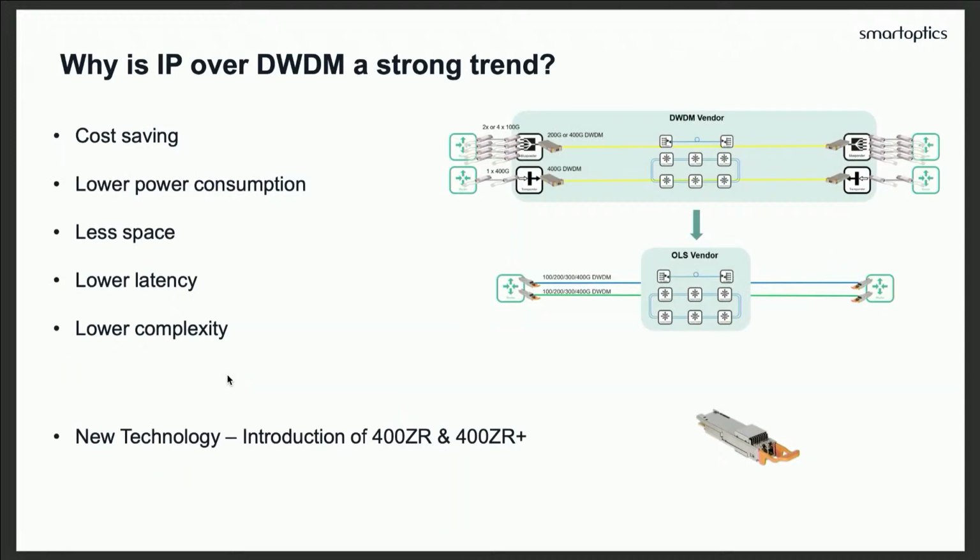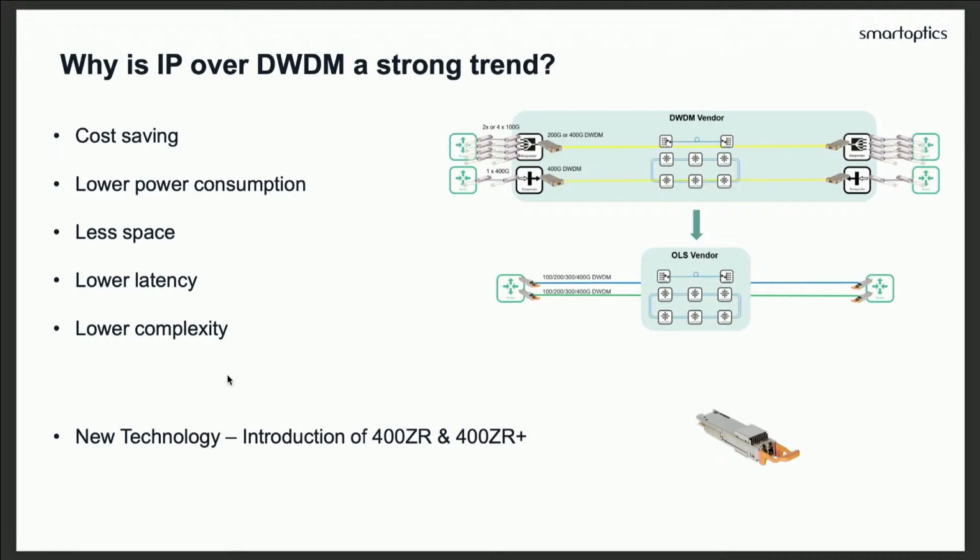Why is it so attractive? One thing is, of course, cost savings. The second thing right now is also lower power consumption. Power and cooling in data centers is actually a big problem with the high density of heat dissipating components today: servers, routers, DWDM equipment all consume a lot of power.